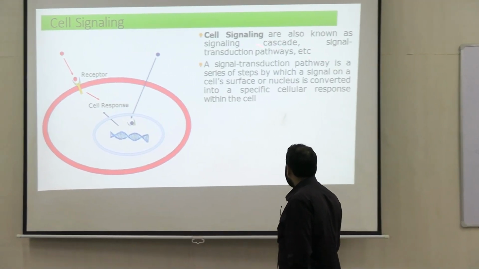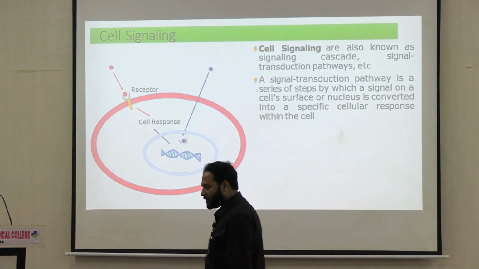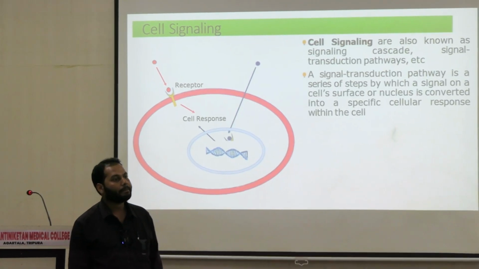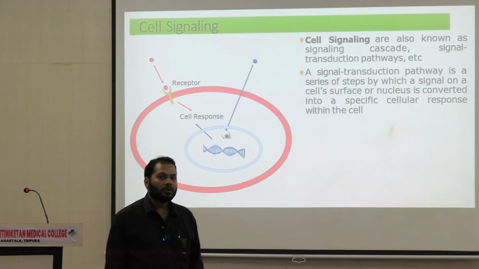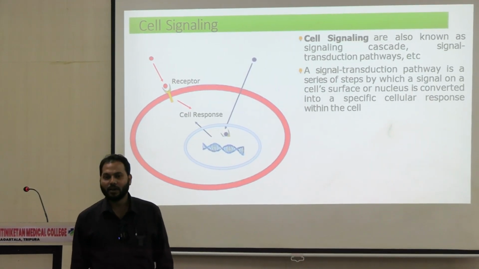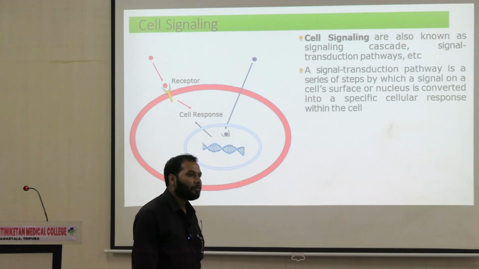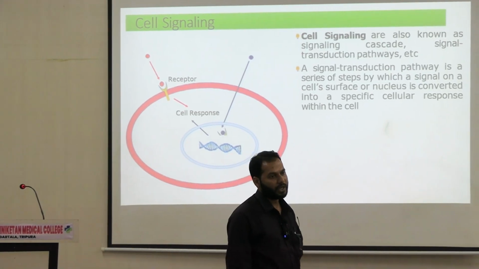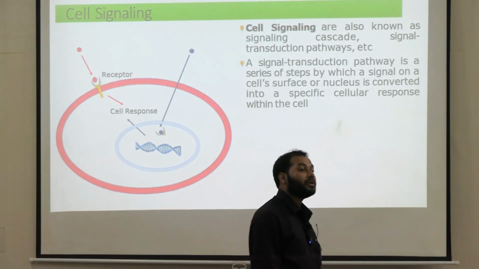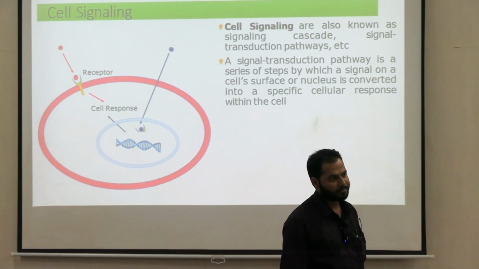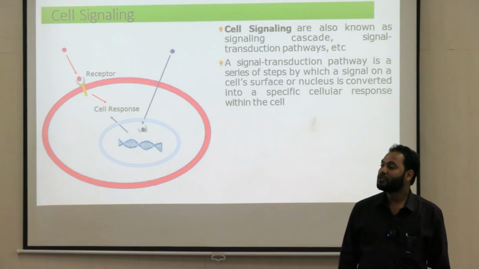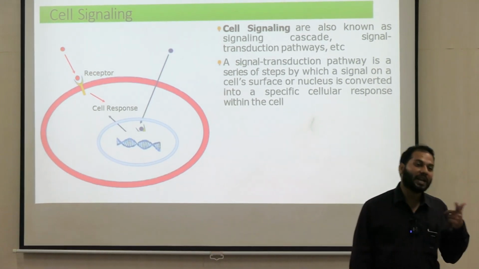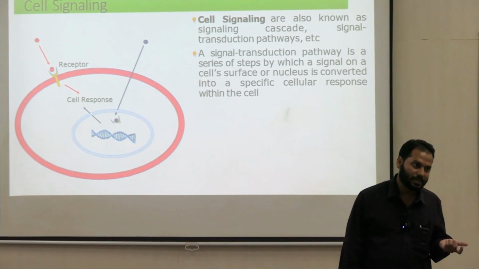It is also known as signaling cascade or signal transduction pathway. So in this signaling cascade or signaling pathway, a number of hormones are involved. A number of receptors are involved. And based on the receptors involved, the type of response also changes, right?